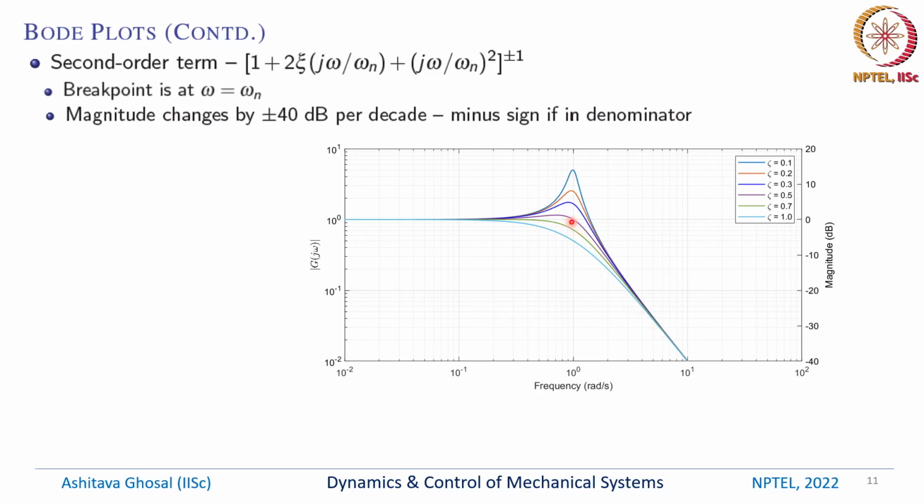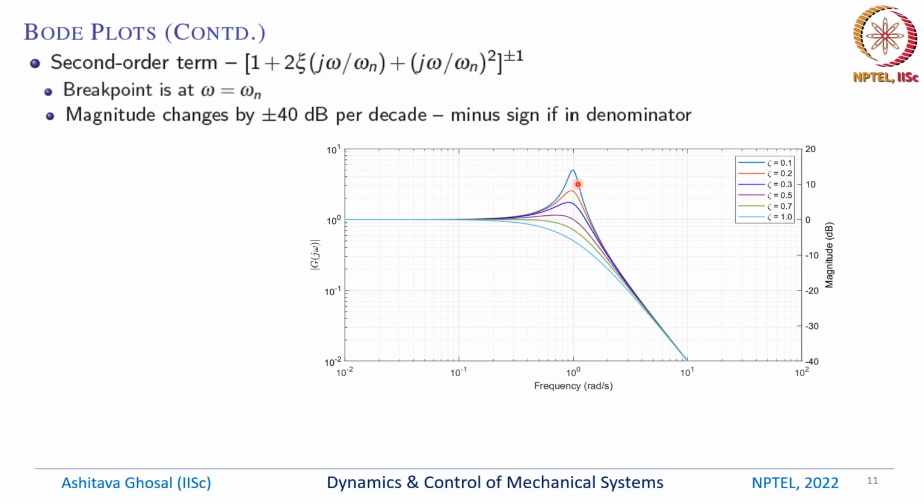You can see from here, which is 10 to the power 0, to a frequency of 10 radians per second, it drops from 0 to minus 40. The minus sign is because we are plotting when this second order term is in the denominator. For different psi, say psi equals 0.2, the plot is different.